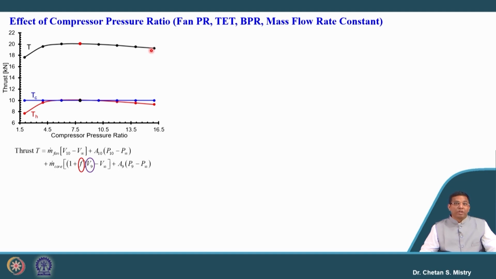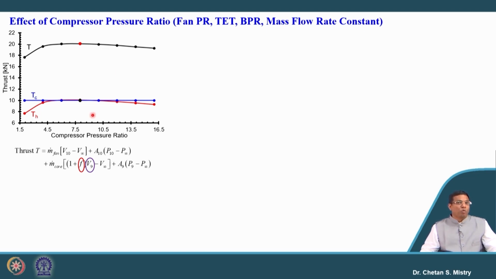Be careful here, in this case our turbine entry temperature is fixed. If I increase my turbine entry temperature, with the increase of pressure ratio my thrust is going to increase. Very next we will be discussing the turbine entry temperature, where you will get the feeling of this number.